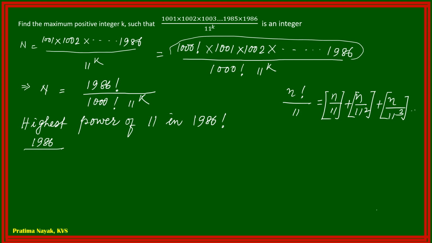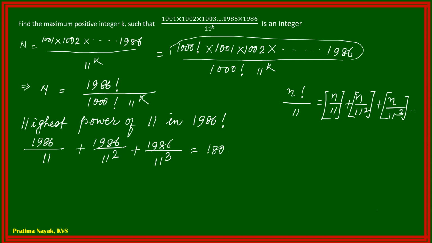1986 upon 11 plus 1986 upon 11 square, that is 121, plus 1986 upon 11 cube, that is 1331, and not more than that, because when I take 11 power 4, it will be more than 1986, so the quotient will be 0. So 1986 divided by 11 will be 180.